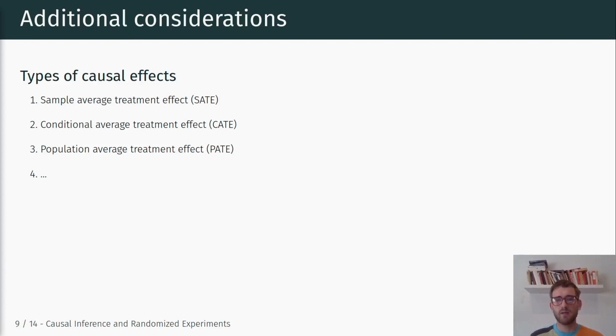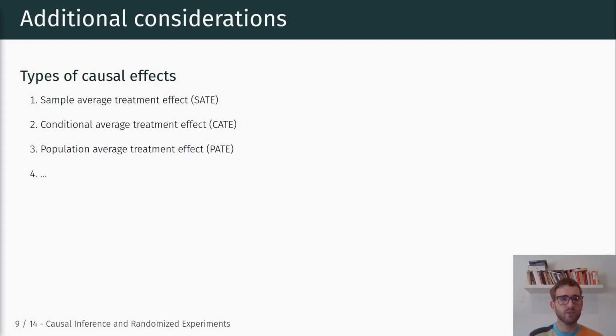Okay, but of course, since the causal effect varies by person, by individual observations, right? We had different tau i's basically. That ultimately means that any definition of an average causal effect will also depend on what group of people we're averaging over. Okay, so depending on who you're averaging over, you'll get a different average causal effect.